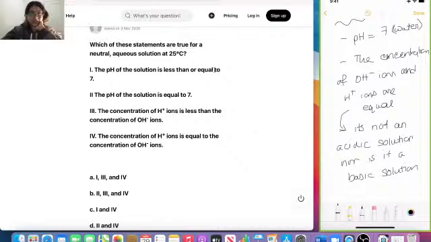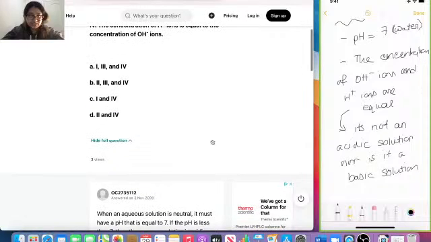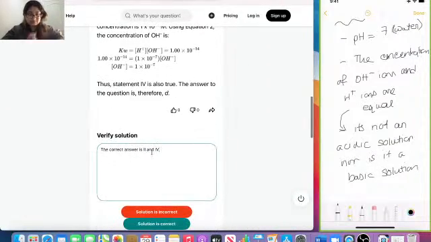It's partially right, but if it's less than, that means your pH is below 7 and your solution is mostly acidic, so that cannot be right. And so your answer in this case is basically D.